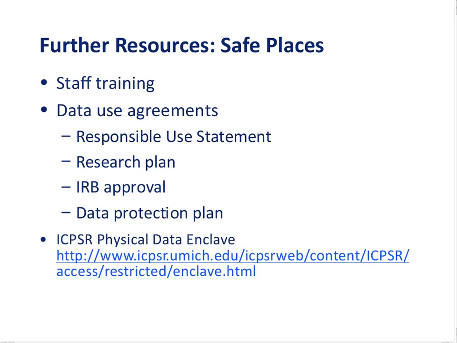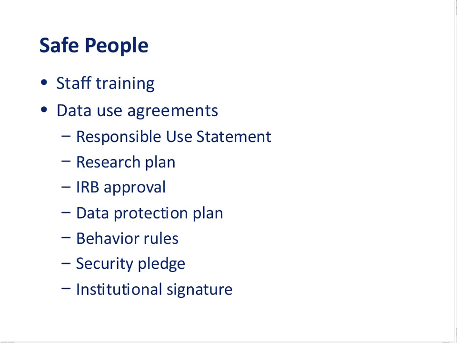And then the last thing with confidentiality is safe people. We have training here internally that people who touch the data or process the data go through to know what to look for and to know what to do when you're dealing with data and you find direct or indirect or even tangential relationships among data that could disclose respondents. There's also the aspect of data use agreements.